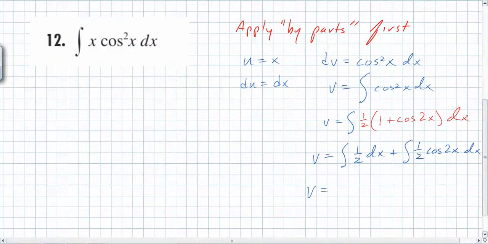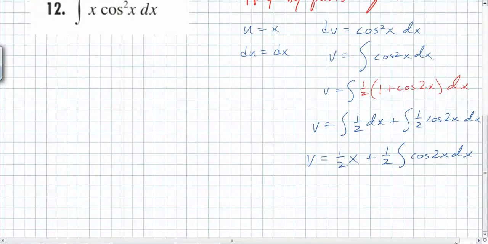So this is just going to be the integral of 1, so it's going to be 1/2 x plus 1/2 times the integral of cosine of 2x dx. And what's nice is, what does it come out to be? 1/2 x plus, well, it's going to be sine of what? Sine of 2x times 1/4 plus c.